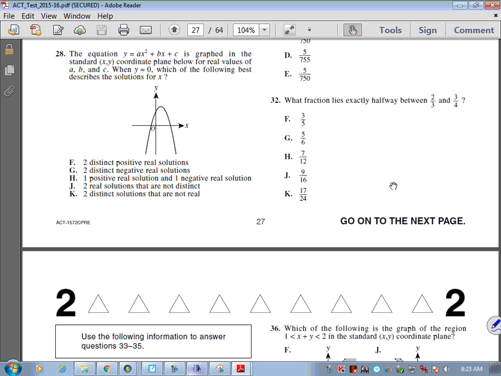So if we're looking for which of the following best describes the solutions for x, this is where it crosses the x-axis, which is why we see H as an answer, because there is one positive real solution and one negative real solution, based upon where it crosses the x-axis. There's actually no math to do there, but you have to understand what y equals 0 is and what it means to have a solution. Okay?